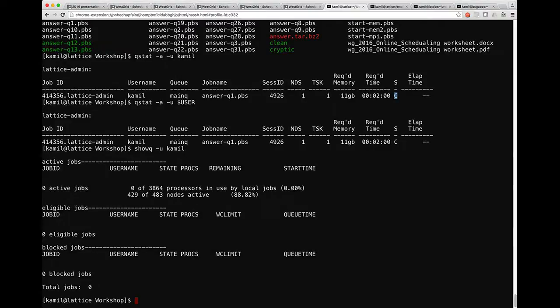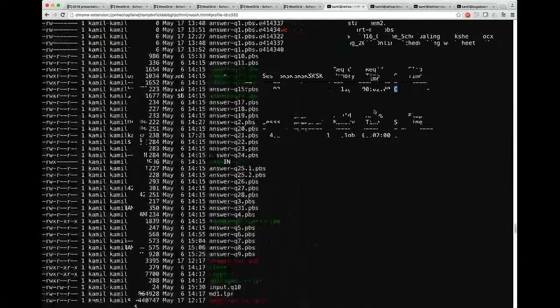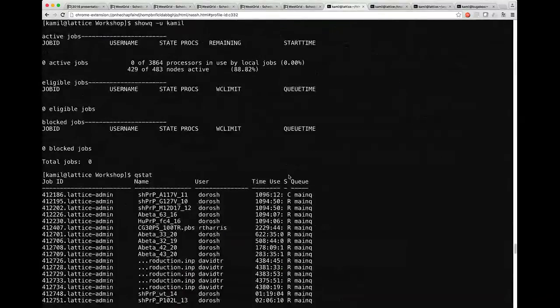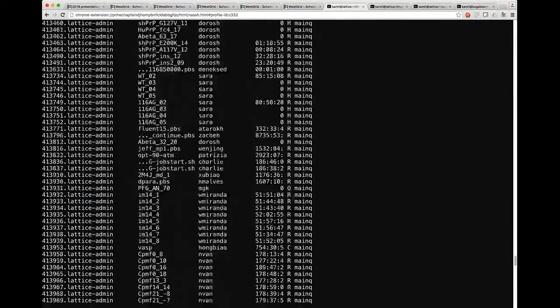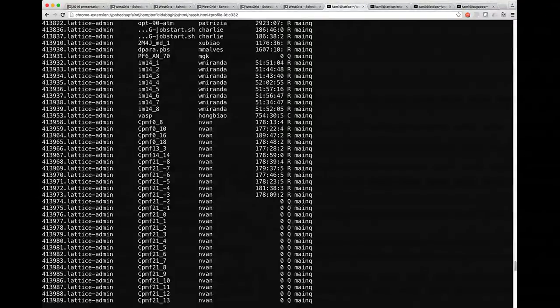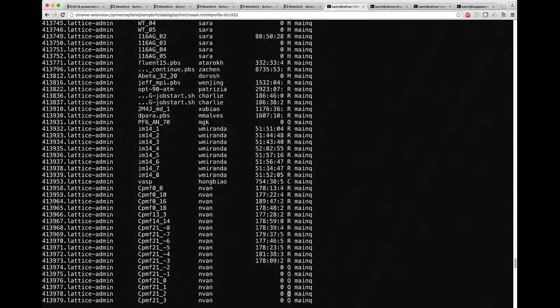So you could see Q jobs. So if we do QStat, these are the jobs right now on Lattice. We see some that are complete, some are in state running, some are in state queued, and then there's a few other states that we'll discuss later.